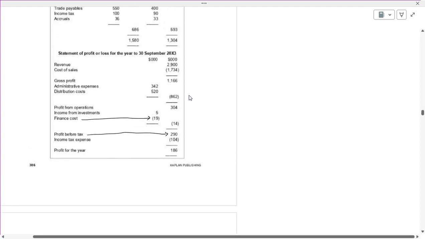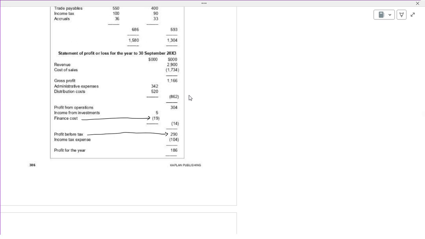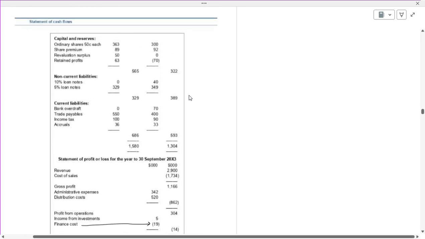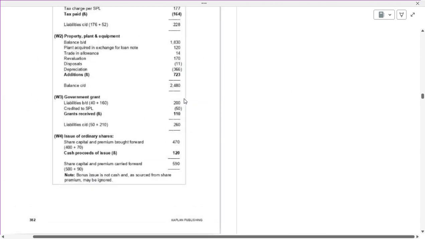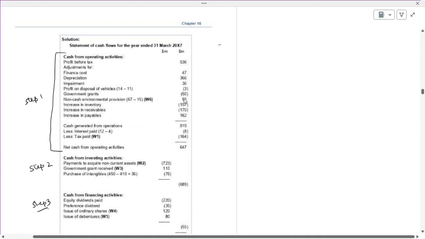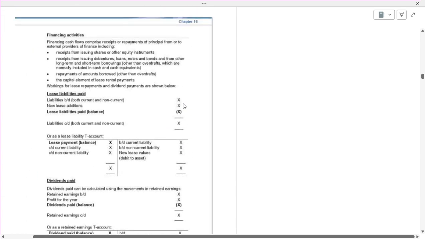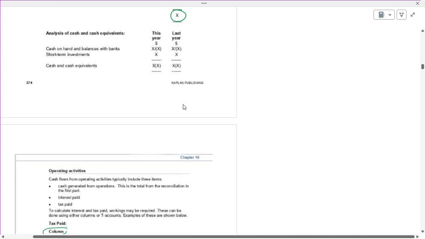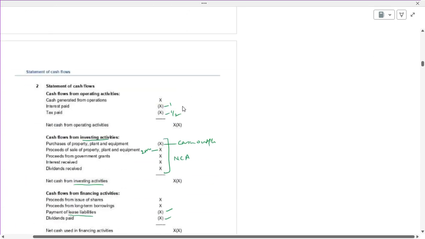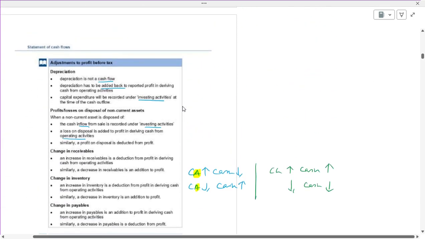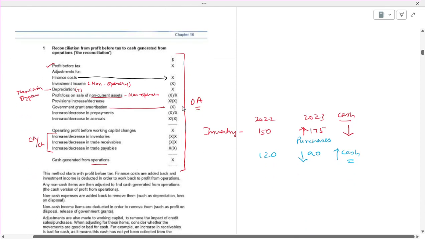Income from investment. Investment income is there. What have we done with investment income?